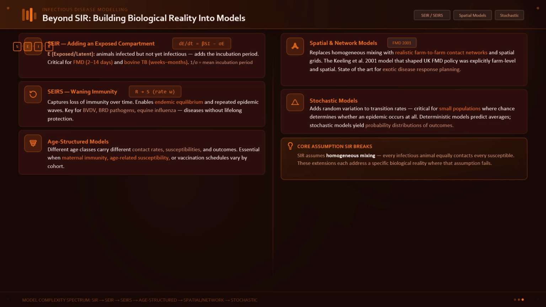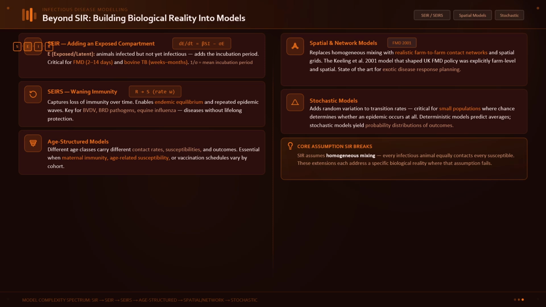SEIR adds an exposed compartment for the latent period when animals are infected but not yet infectious, essential for foot and mouth and bovine TB. SEIRS goes further by letting immunity wane, animals returning from recovered back to susceptible, which enables endemic equilibria and repeated waves. Think BVDV or equine influenza.